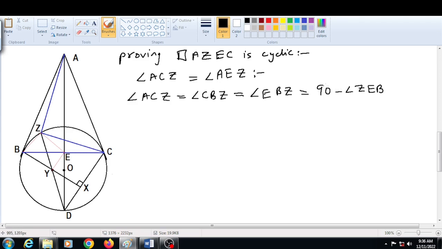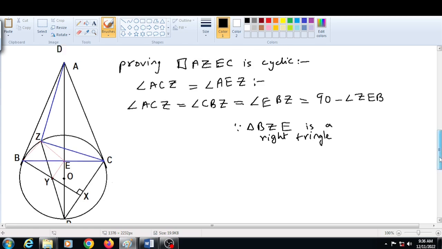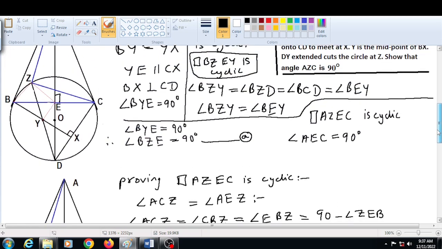Why is this true? It is true because of the following argument. Triangle BZE is a right angle triangle. Why is it a right angle triangle? Because of equation A. We had proved previously, according to equation A over here, that angle BZE is 90 degrees.